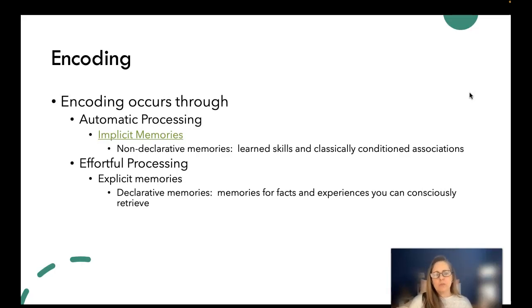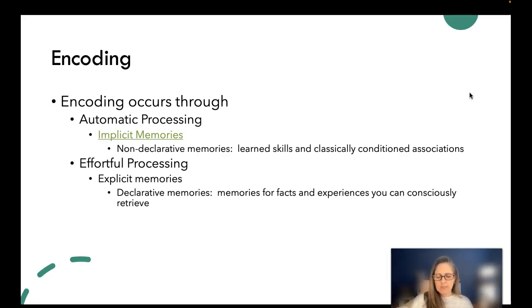And those two types of processing lead to different types of memories. So in addition to making a distinction between automatic processing and effortful processing, we also make a distinction between implicit memories and explicit memories. Implicit memories are those memories that result from automatic processing.